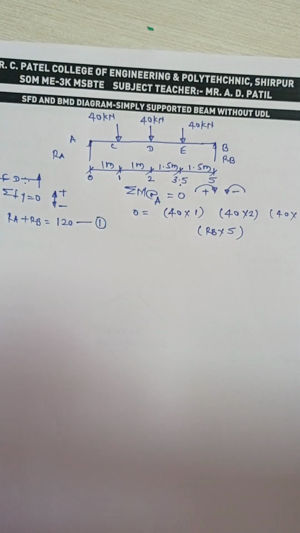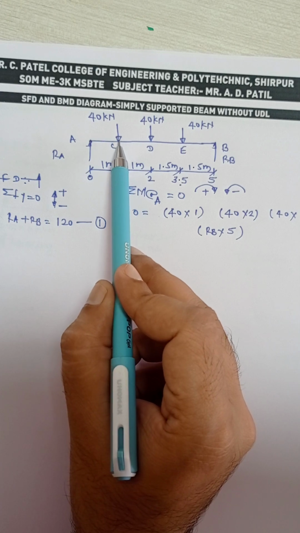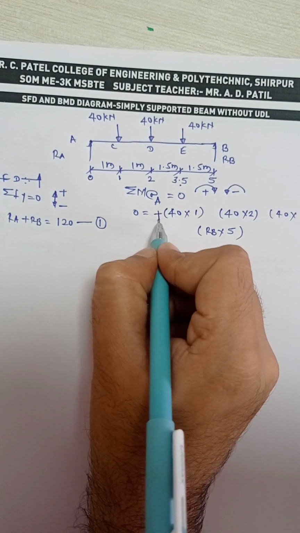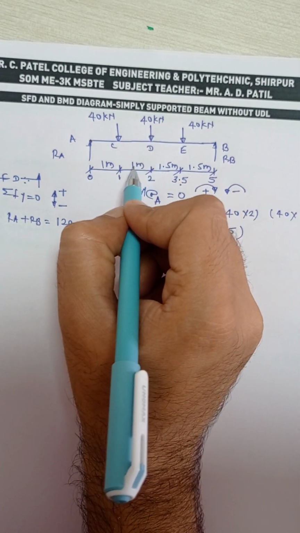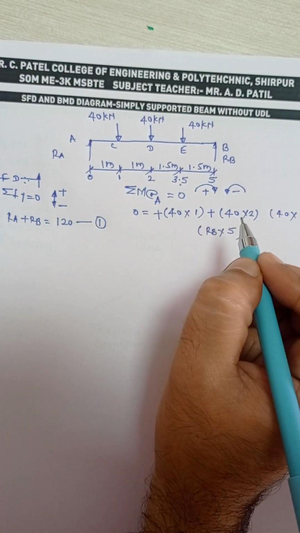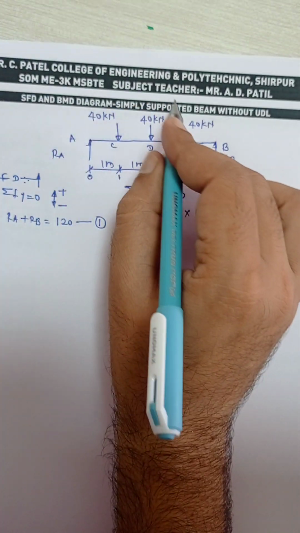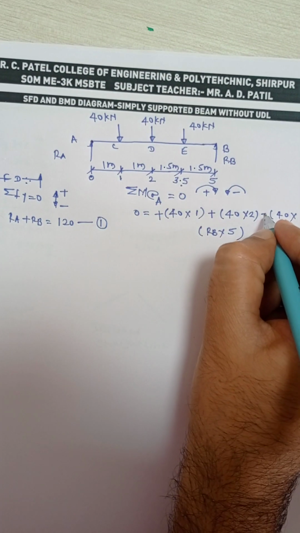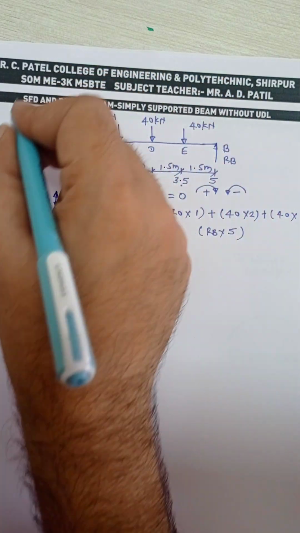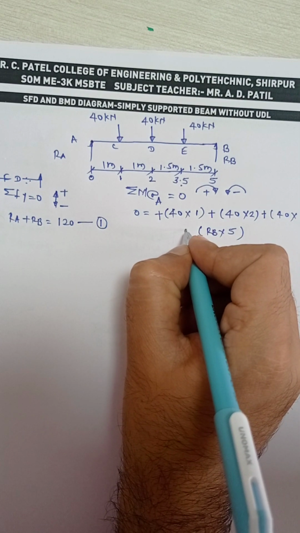So all the forces are rotating about the reference point. 40 kilonewton is rotating clockwise, so it will be positive. 40 kilonewton also rotating clockwise about the A point, so it will be positive. Again it is rotating clockwise, so write down the positive sign. And RB is rotating anti-clockwise, so write down the minus sign.